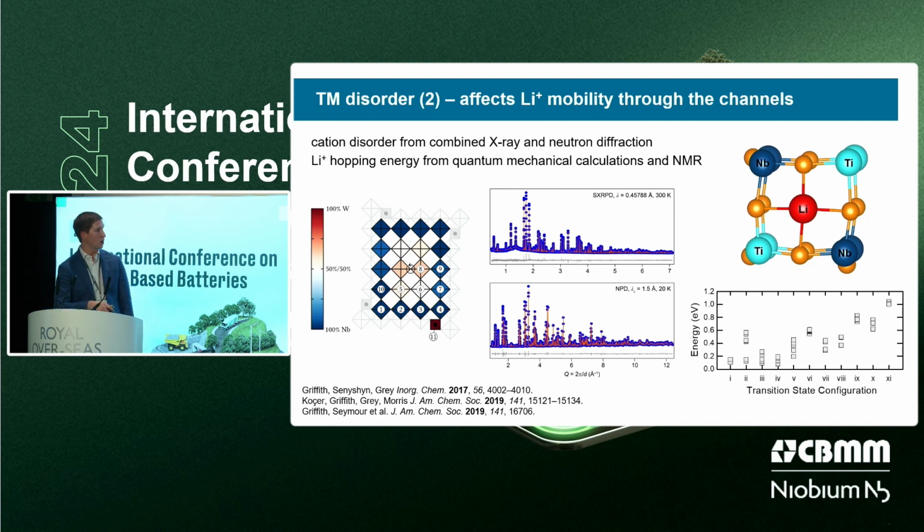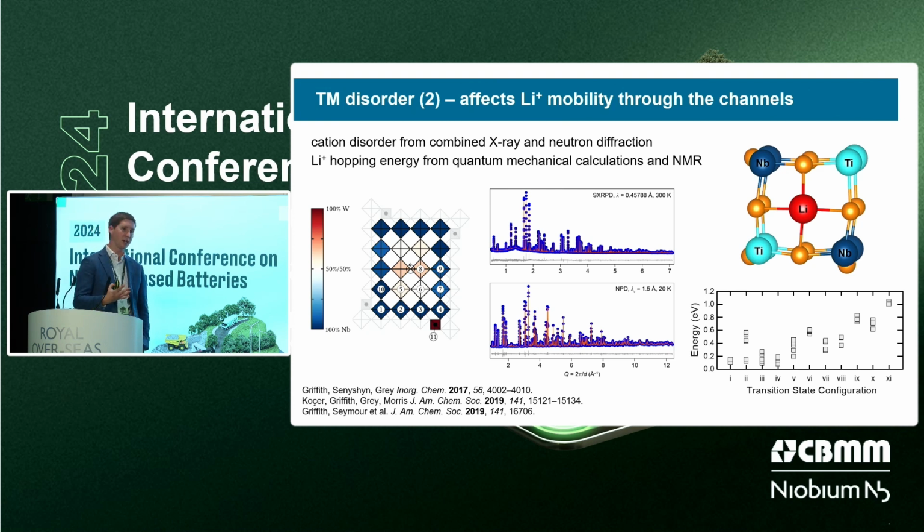What I want you to take away from this chart at the bottom right is that you can get an enormous distribution of activation energies for lithium site hops, all the way from some of the lowest known of all lithium hops, under 100 milli-electron volts, up to extremely high energy lithium transport over 1 electron volt.